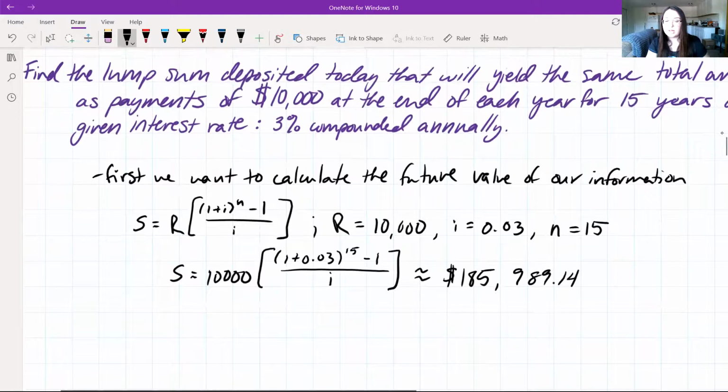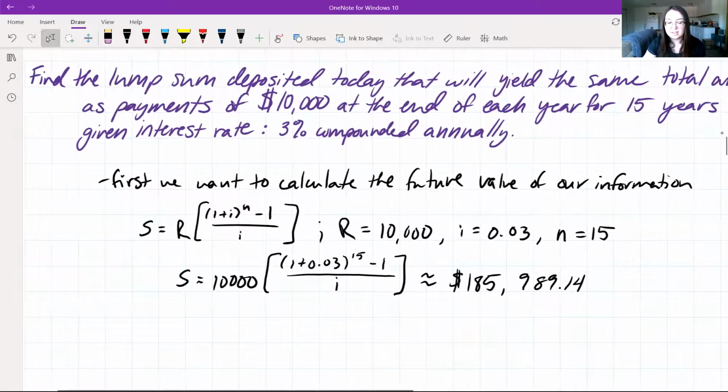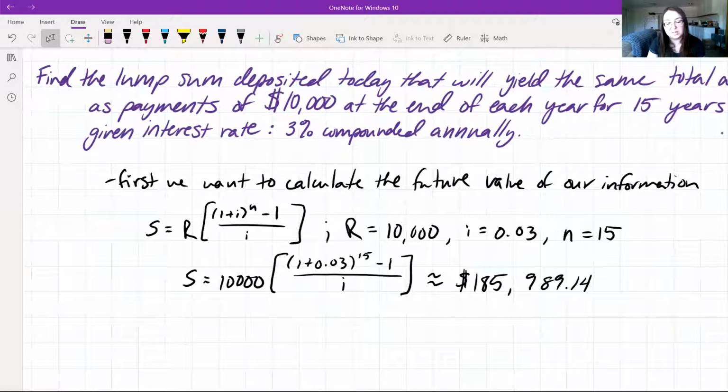So we know that our $10,000 at the end of each year for 15 years, at an interest rate of 3% compounded annually, is going to become $185,989.14. All right, mouthful there.